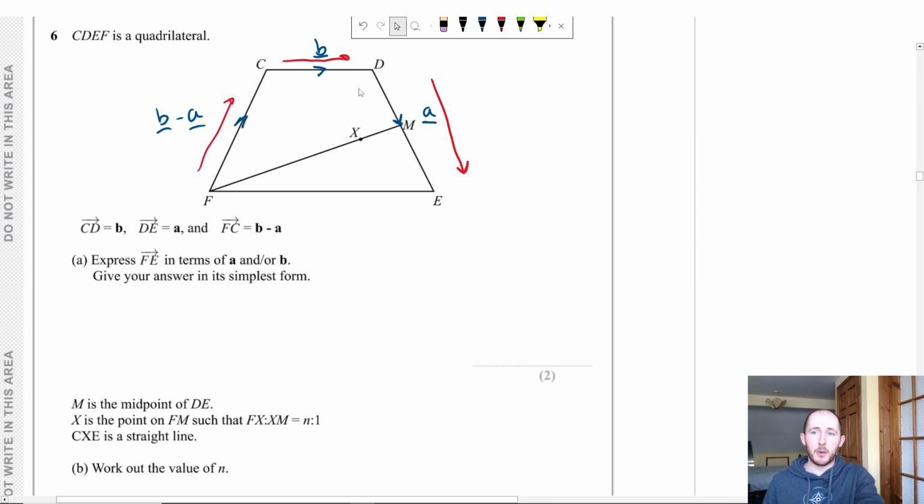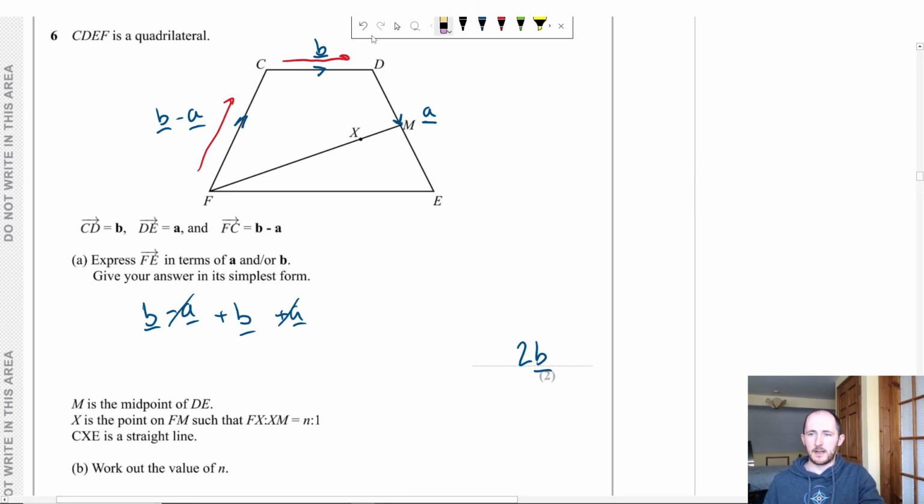However, if you go in the opposite direction, you need to flip the sign of the vector. You need to make it negative. So in this case, it's literally just B minus A, that's this vector here, plus B, which is this vector up here, plus A. So then that cancels out that, and then we're just left with 2B, just like that, okay?